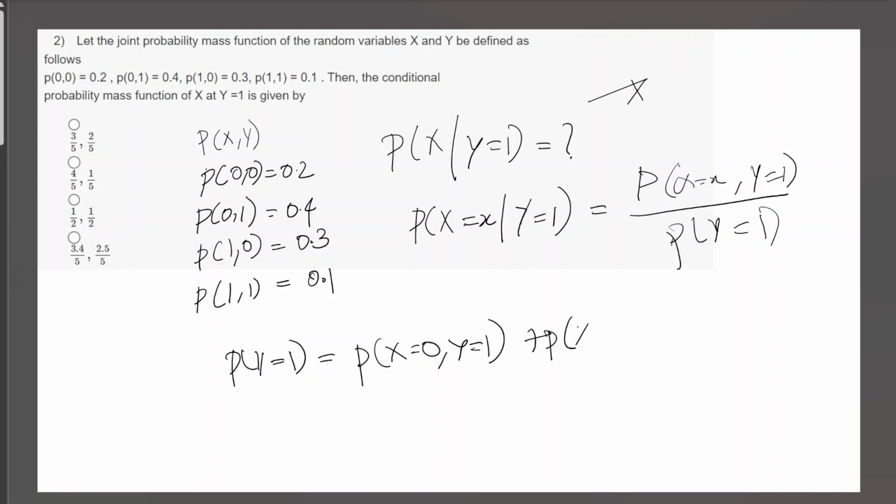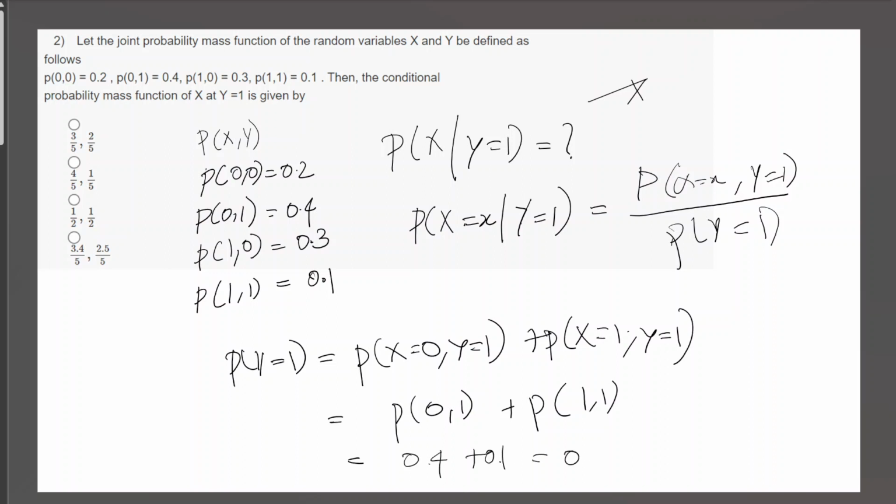That's the probability of 0 comma 1 and 1 comma 1, 0.3 plus 0.2. What is the probability of y equal to 1? Now we can find the conditional probabilities.